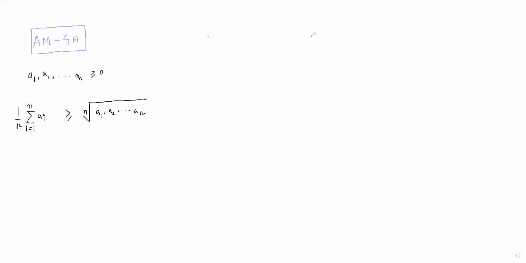That's it. Now let's write down the result that we have done in our class today in probability theory, the probabilistic inequalities. It's this: if X is a random variable, and g is a convex function.